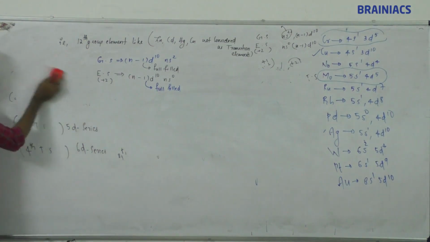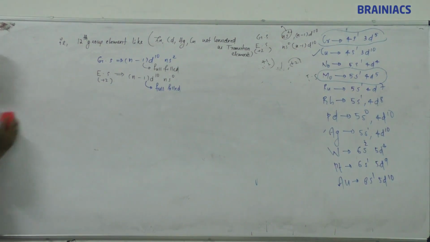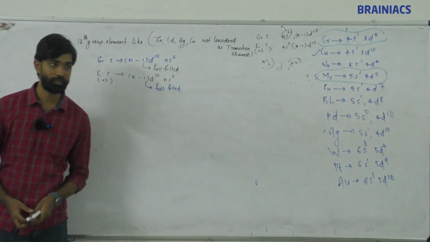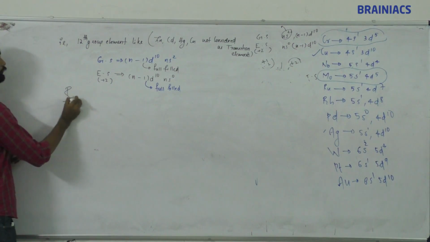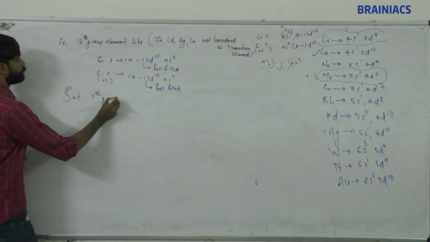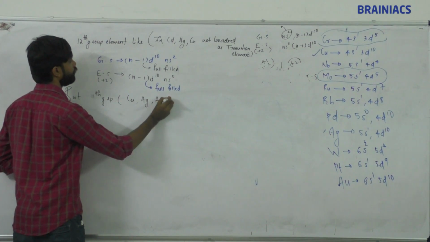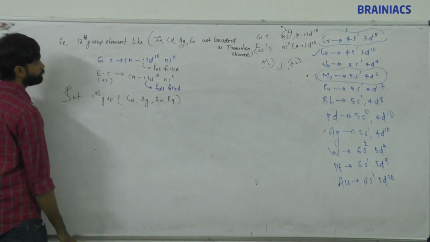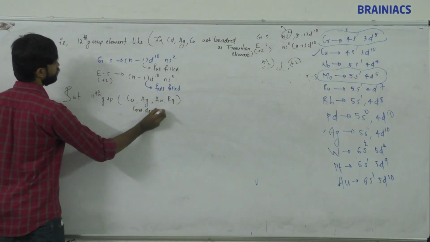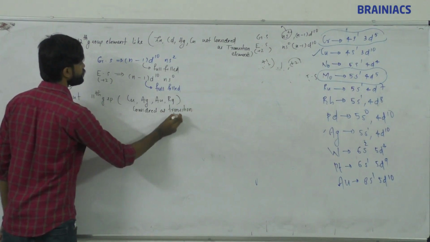But what about group 11? Group 11 can show the oxidation state of +2 or +1. That's the common oxidation state, Cu+, Cu2+, like that. The 11th group, copper, silver, gold, rhodium, like that, is considered as transition elements.